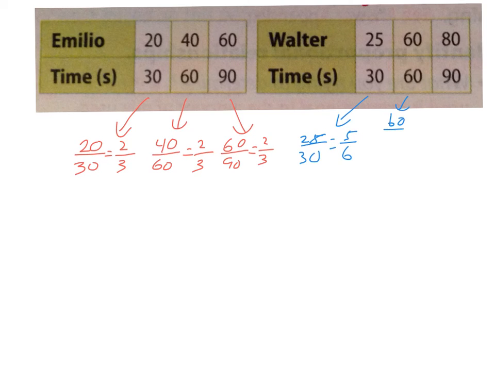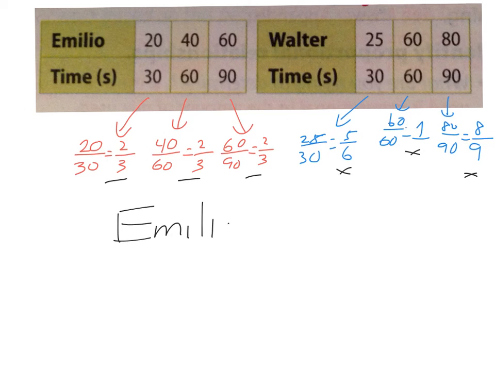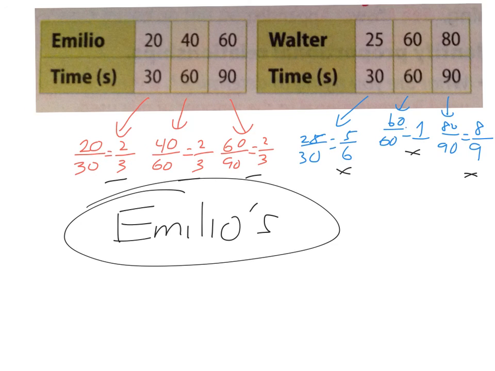Here I get 60 to 60, which is 1, and this is 80 to 90, which is 8/9. Well, since these are all the same, and these are not all the same, it turns out that Emilio's chart is the proportional chart. So Emilio's is proportional where Walter's is not.